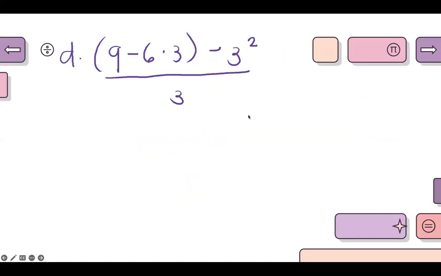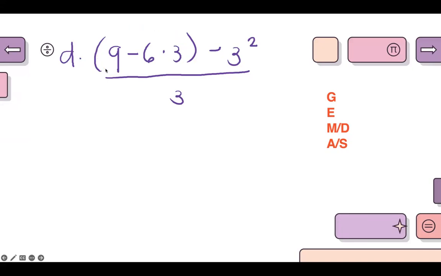Okay, another example. So the quantity of 9 minus 6 times 3 minus 3 squared all over 3. Again, we need to follow the GEMDAS rule. So in our example here, we have the grouping symbol, right? So the numbers in our grouping symbol is 9 minus 6 times 3.